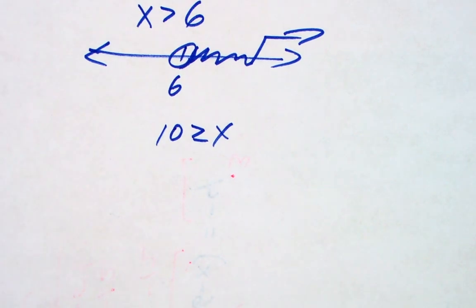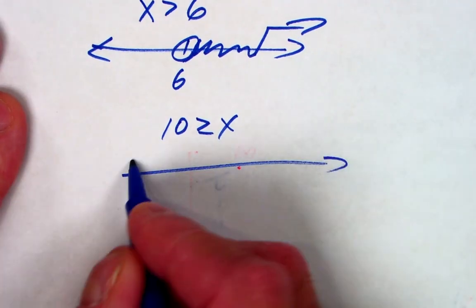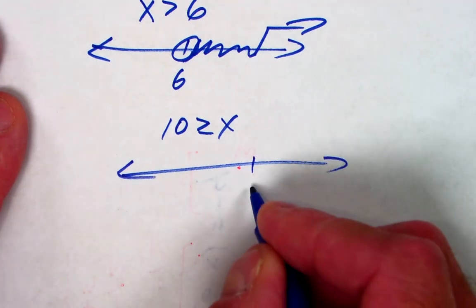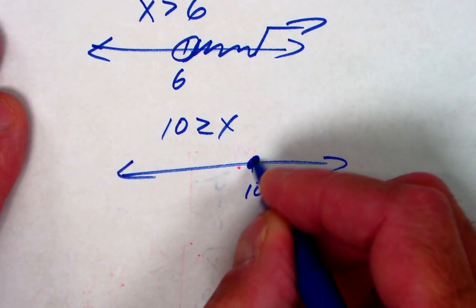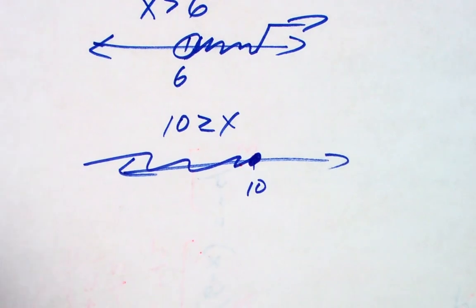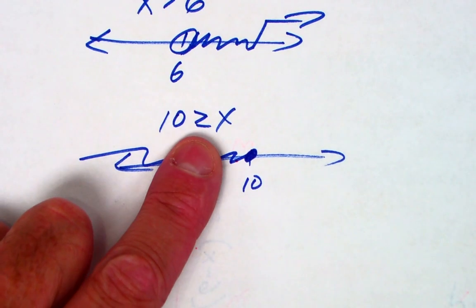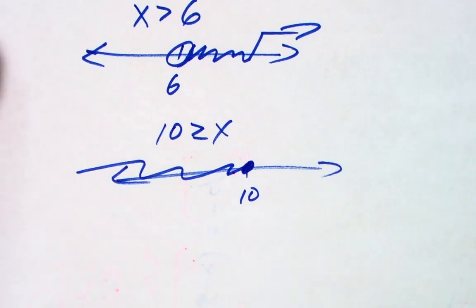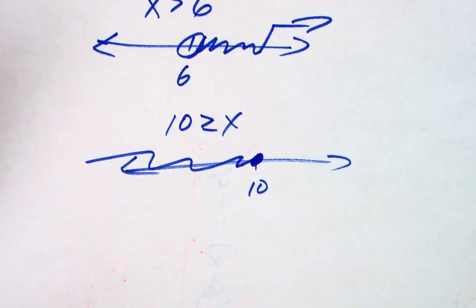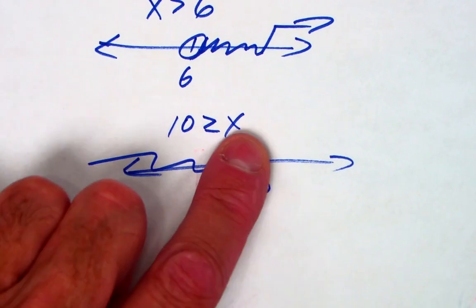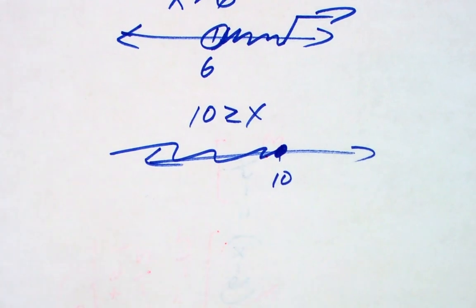Some of you guys are shading the wrong way. So you either need to understand how to do it in this fashion, which I think you should be able to do. 10 is bigger than what numbers? Those. Several of you just saw that it was greater than, oh, I shade to the right. Not necessarily. You got to think about what it's saying. 10 is bigger than all the numbers I'm shading. That means I'm going to have to shade that way.